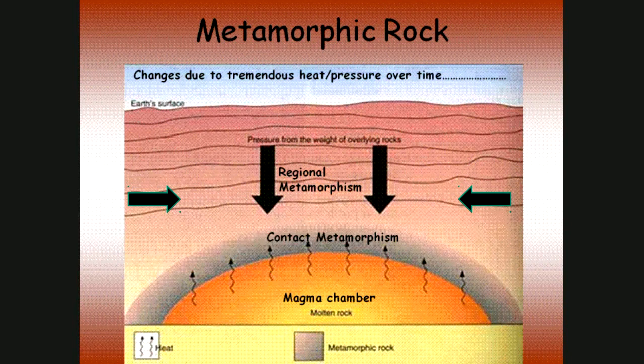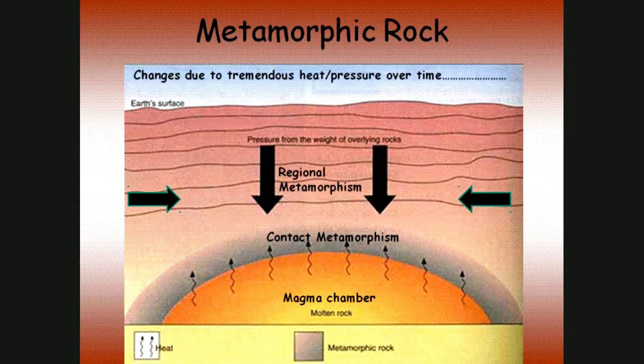That's called regional metamorphism. But there is another type of metamorphism called contact metamorphism, and it's more limited in the area it affects. It only affects a ring around a magma chamber.